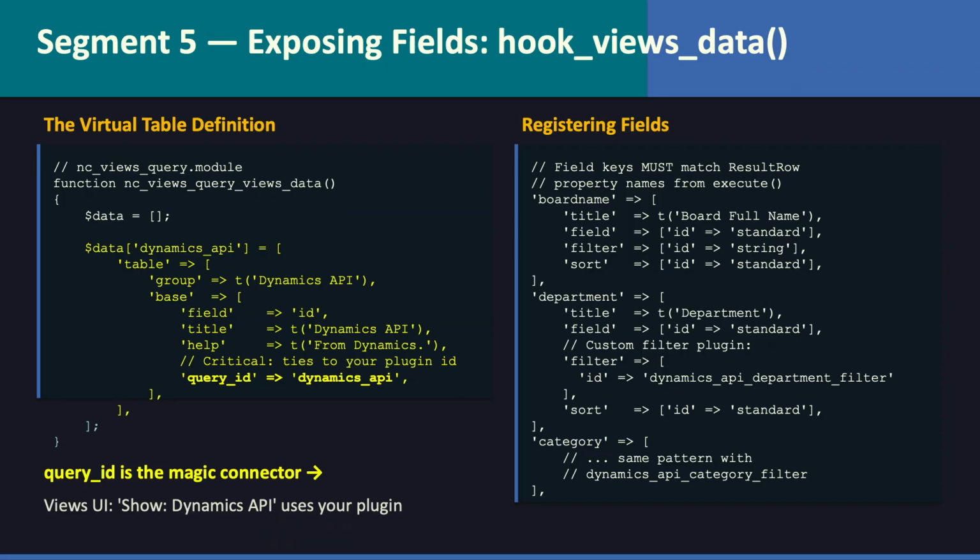This is where it's saying, okay, this is where I find the data for this virtual table that we're creating in the hook. And then registering all the fields, where you're mapping the individual fields of data that are coming back from the API call to the virtual table here. So that hook gets defined in the module file.